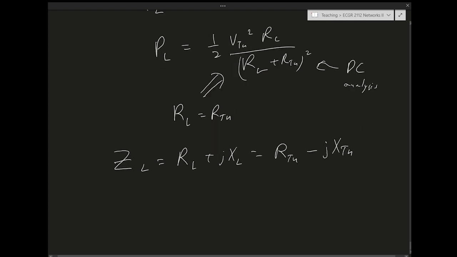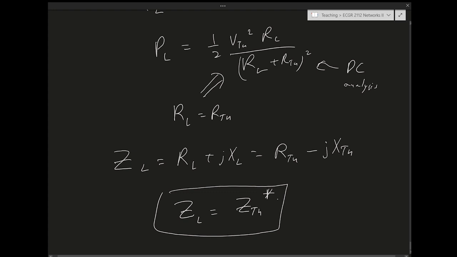So in other words, ZL has to be equal to the Z Thevenin conjugate. Remember, the conjugate of the complex number is just taking the negative of the imaginary part. For AC analysis, this is the condition of maximum power transfer. It's an interesting formula: ZL equals the Z Thevenin conjugate.